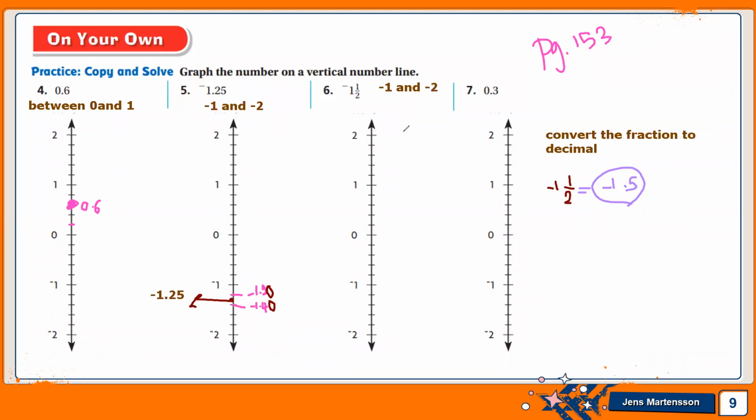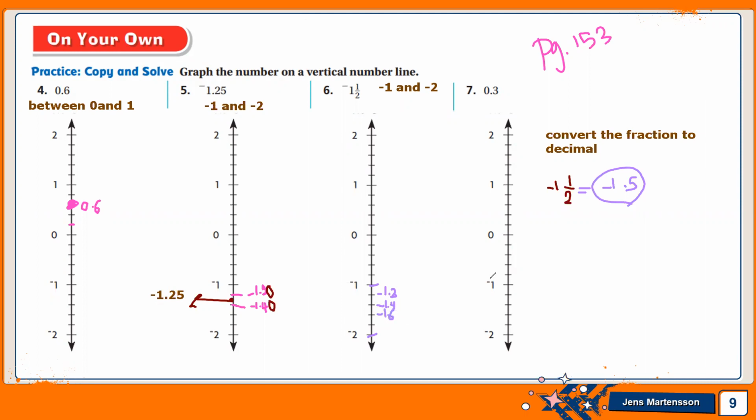Teacher, you say that it's between negative 1 and negative 2. Let's count by 0.2. Negative 1.2, then negative 1.4. Bravo. Then negative 1.6.